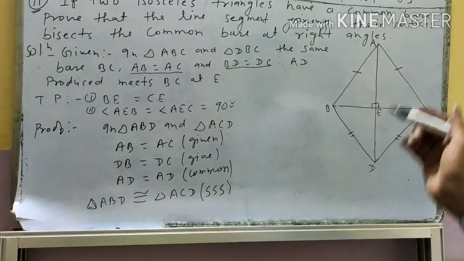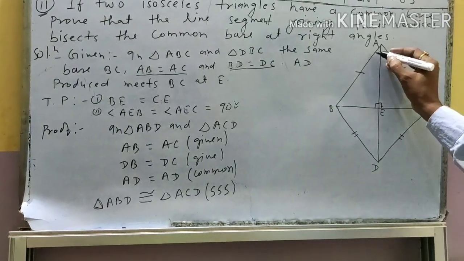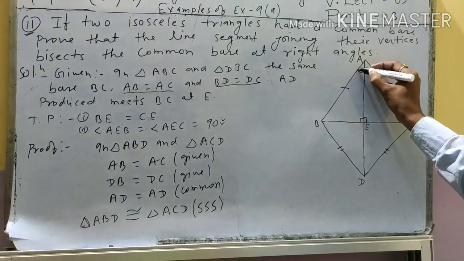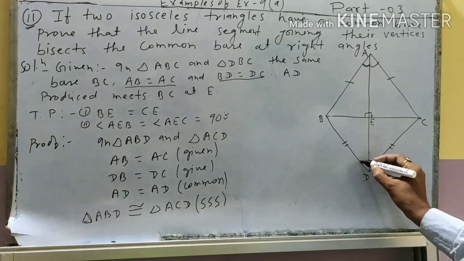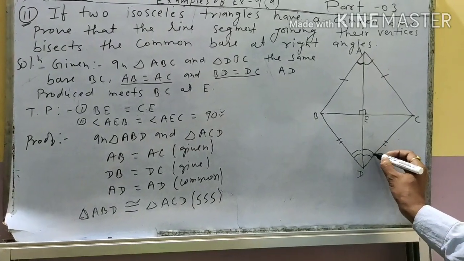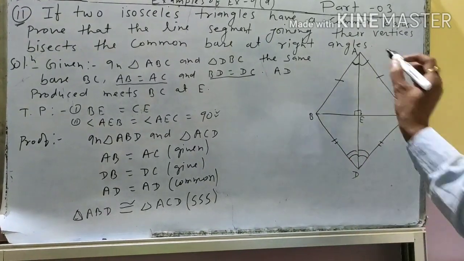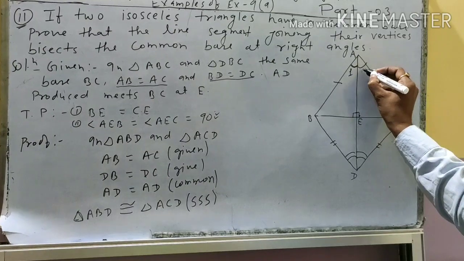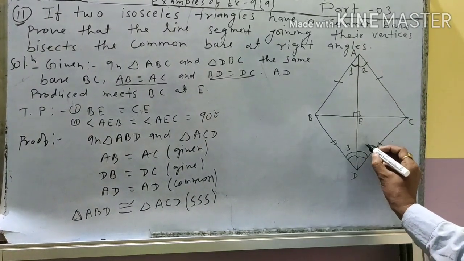Okay. By CPCT, what will happen? By CPCT, this angle is equal to this angle, and this angle is equal to this angle. So suppose this angle is 1, 2, this one is 3, this one is 4.